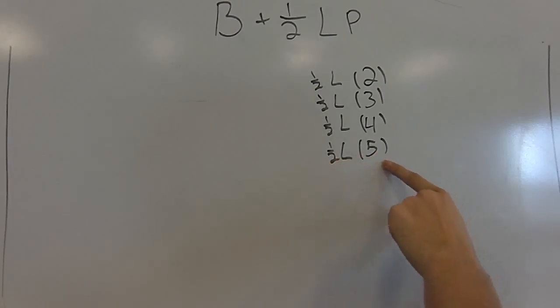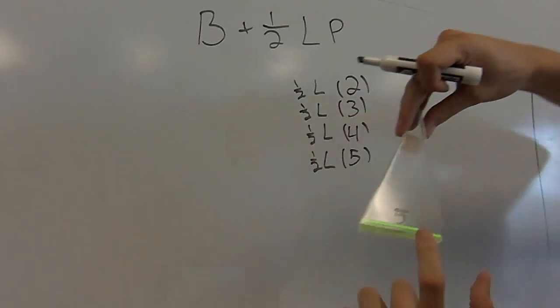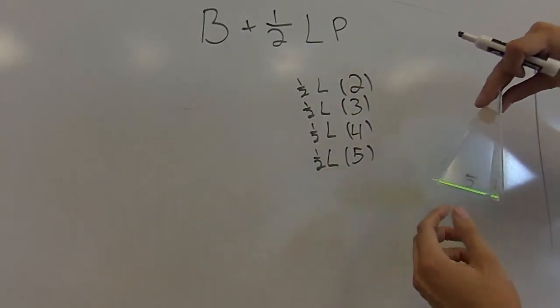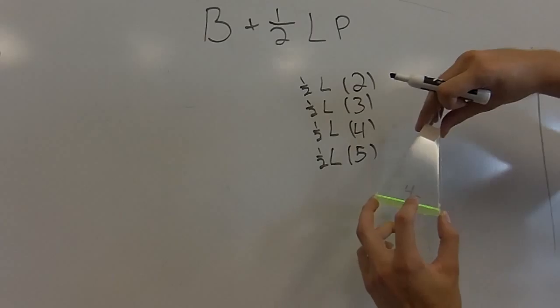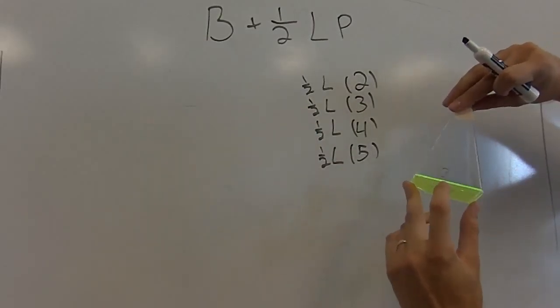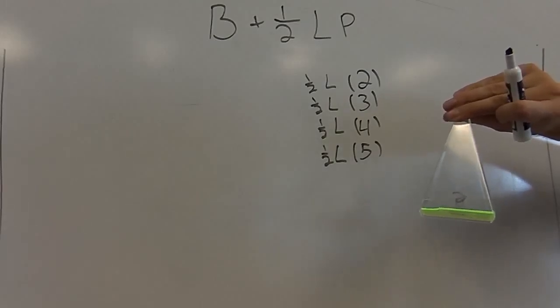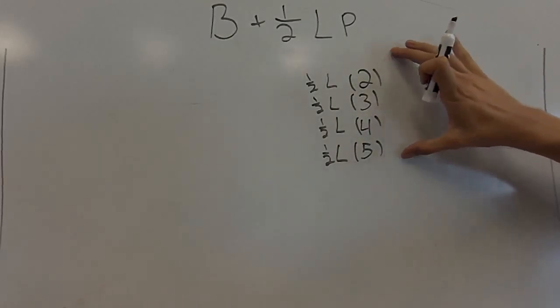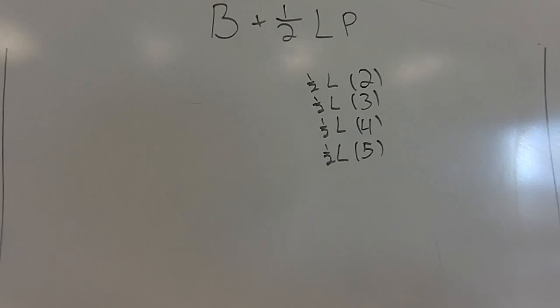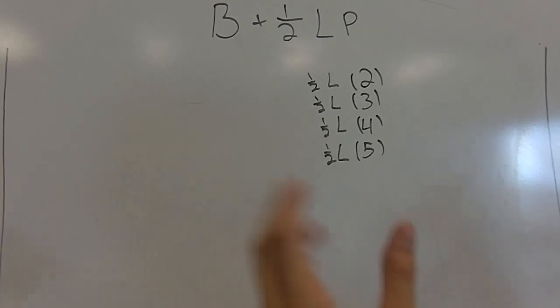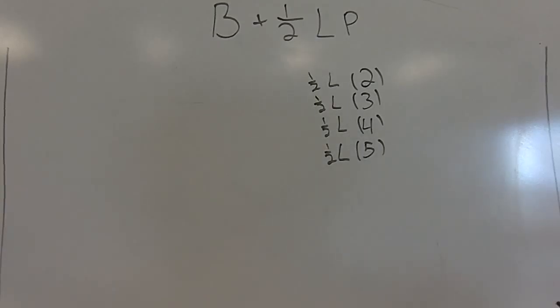So in other words, area of the triangle with base of 5, area of the triangle with base of 4, area of the triangle with base of 3, area of the triangle with base of 2. So if I take all these areas and add them up, I will have the lateral area of my pyramid.